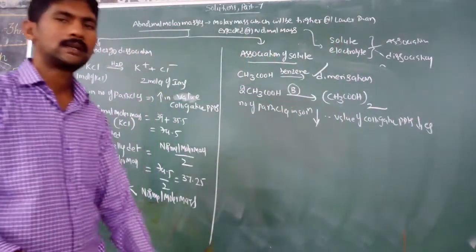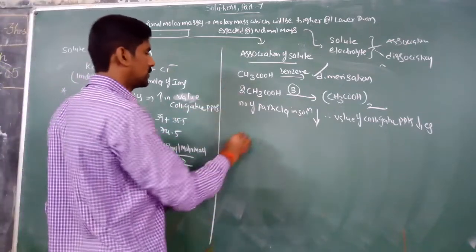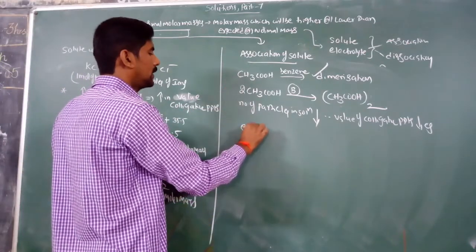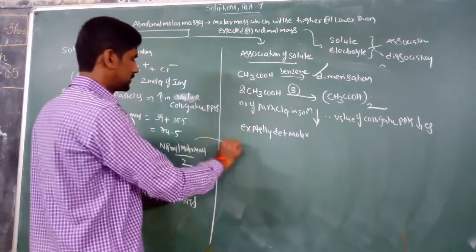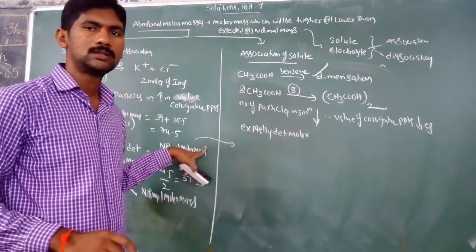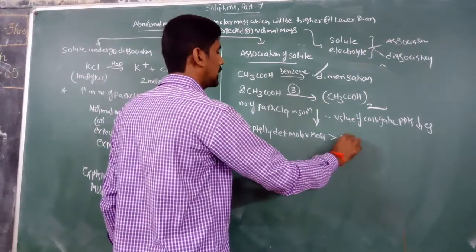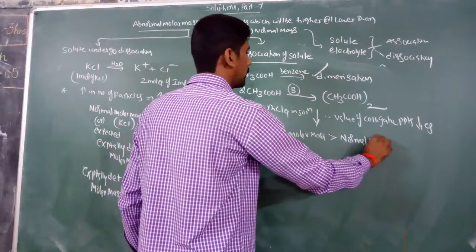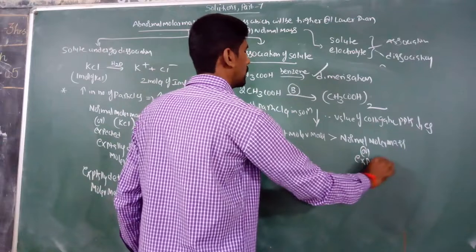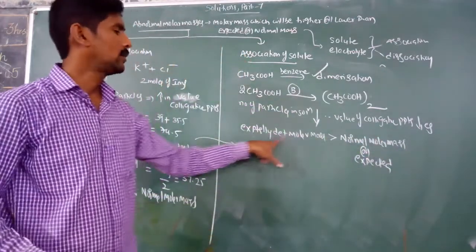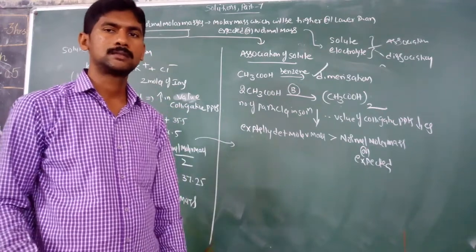For association of solute, it is exactly the reverse of dissociation: the experimentally determined molar mass is greater than the normal or expected molar mass.